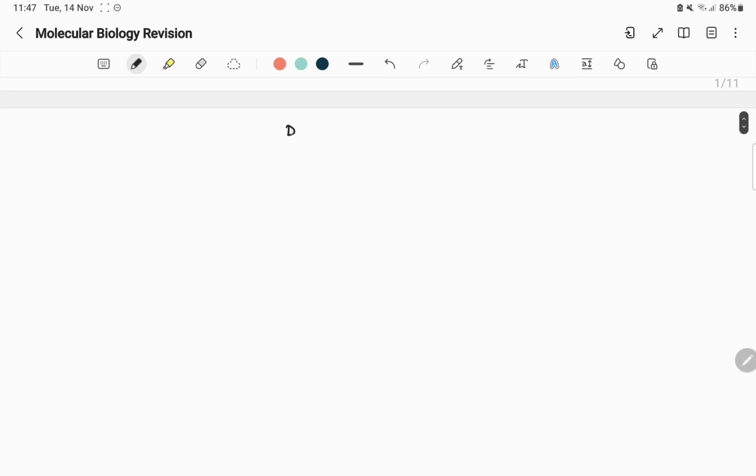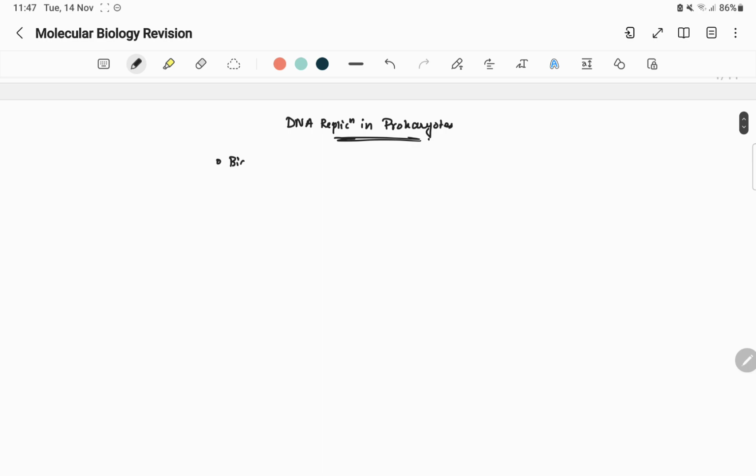Let's talk about DNA replication in prokaryotes. It is bidirectional. The synthesis occurs in the 5' to 3' direction.